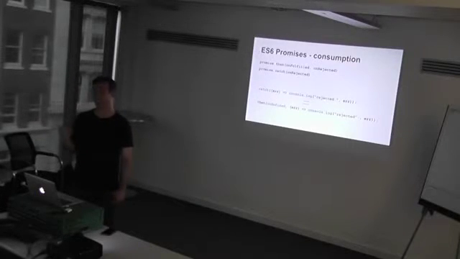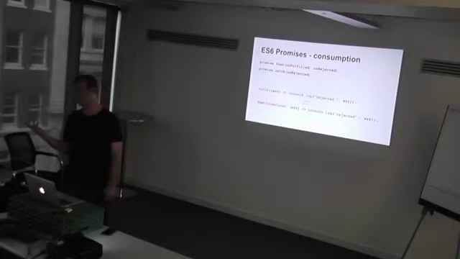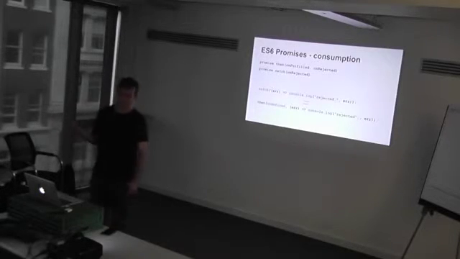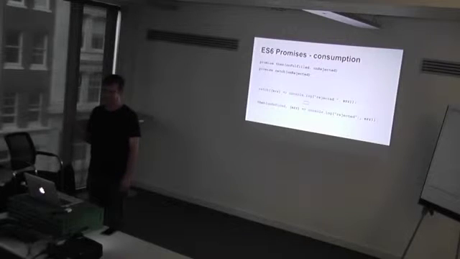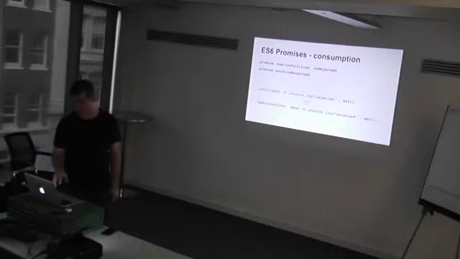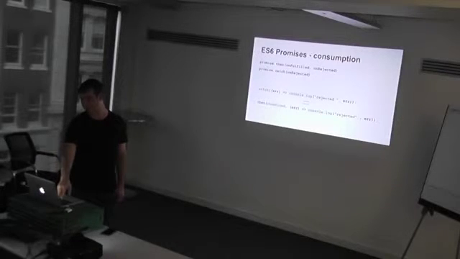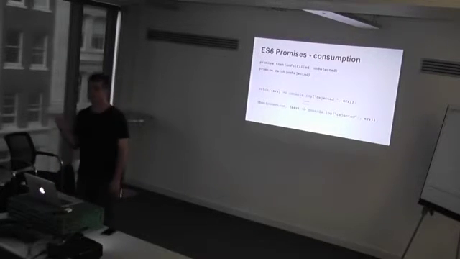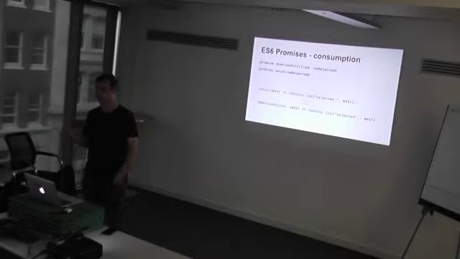And you have a catch, which only handles the failures. Now, it's important to note that catch is basically the same as calling promise.then and simply not passing the success callback. It's syntactic sugar. It's very useful when you write it because it looks better, but it does exactly the same.